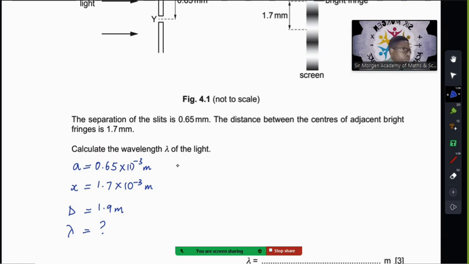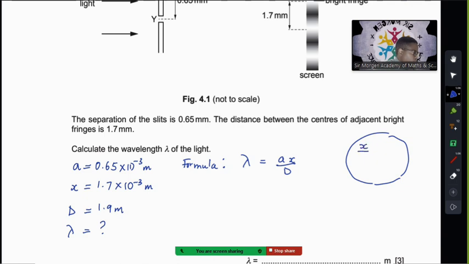We don't know lambda, so what formula do we use here? We are going to use this formula: lambda is equal to ax over D. I hope you're familiar with this formula. Normally when we are writing this formula, it comes from x over lambda is equal to D over a.